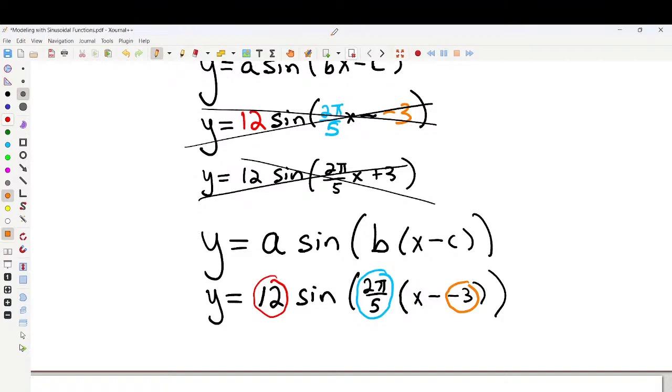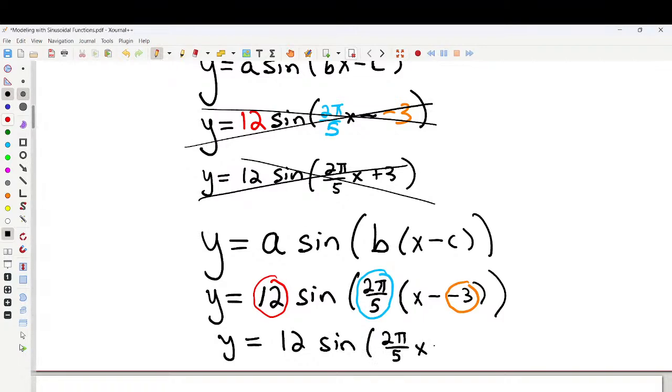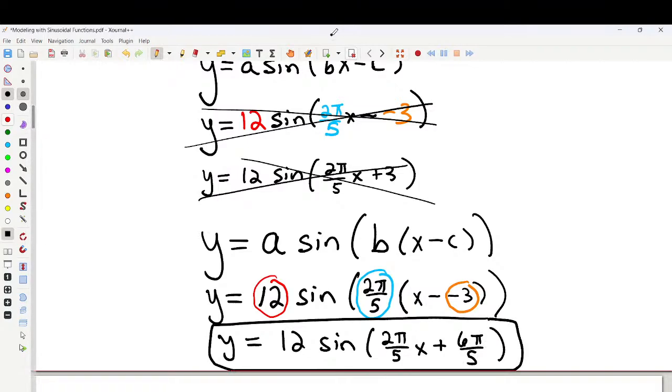So y equals 12 sine parentheses 2 pi over 5x plus 6 pi over 5. And that's your final answer.